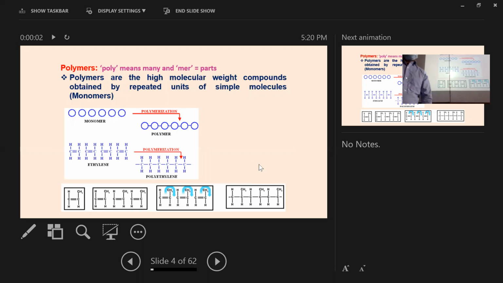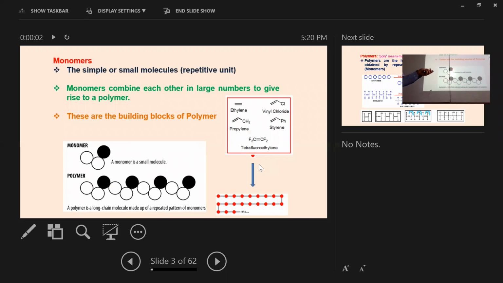Poly means many. Everyone is familiar with the word. Polymers are high molecular weight compounds. Why high molecular weight? If we consider a very small molecule with molecular weight 100, then if there are 10 units, the molecular weight of this polymer would be 1000.